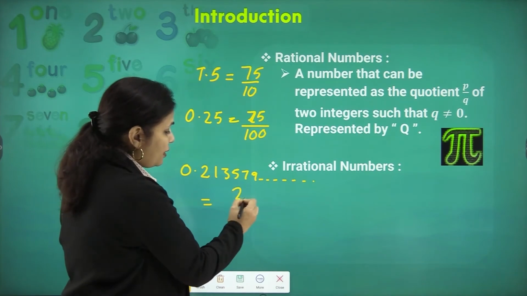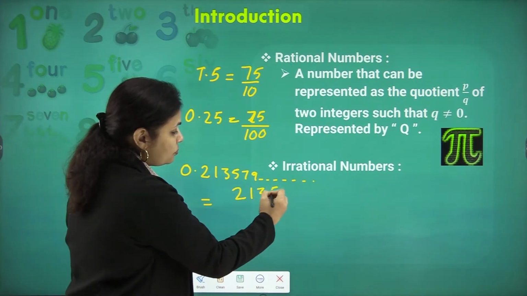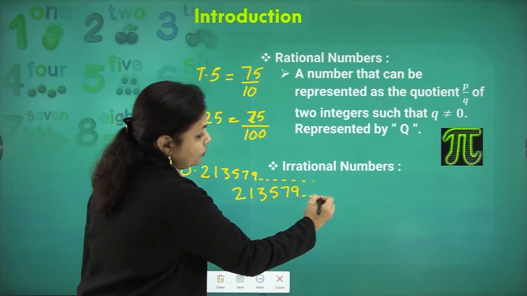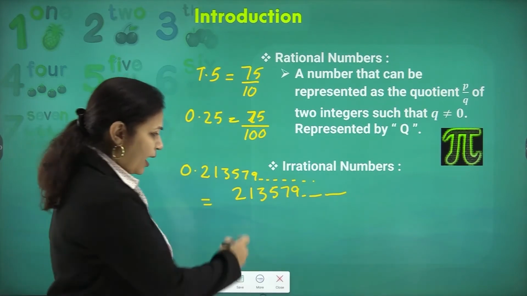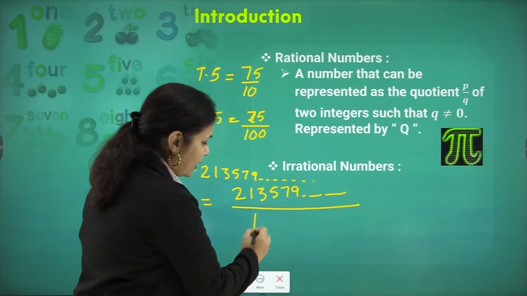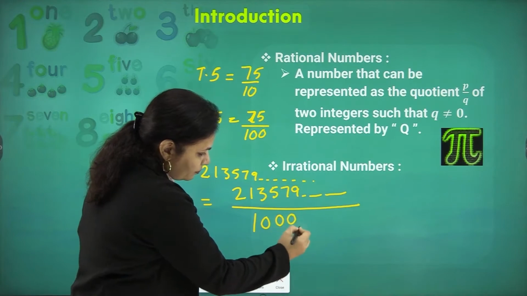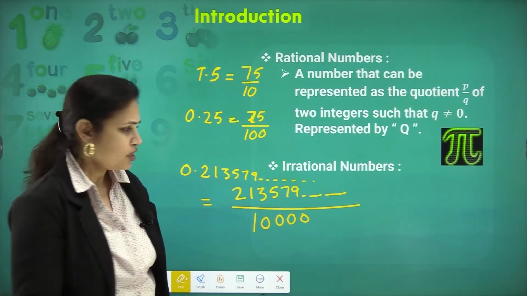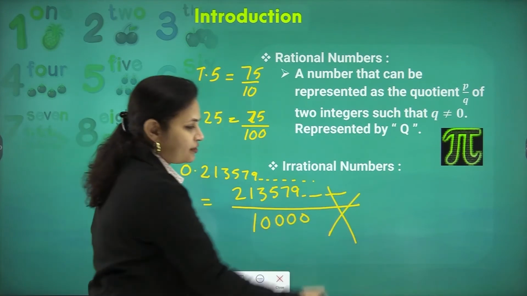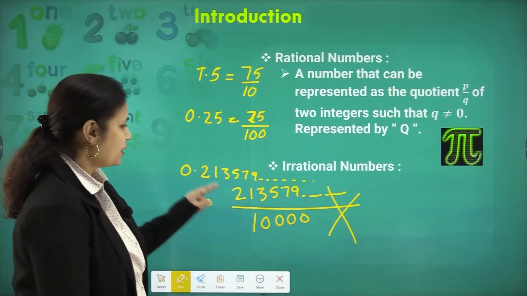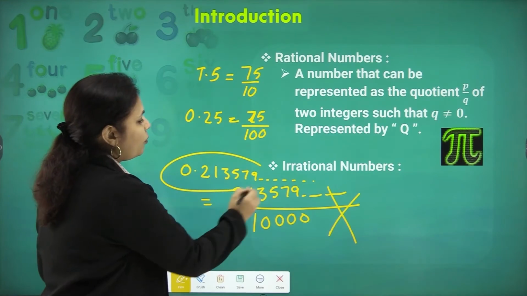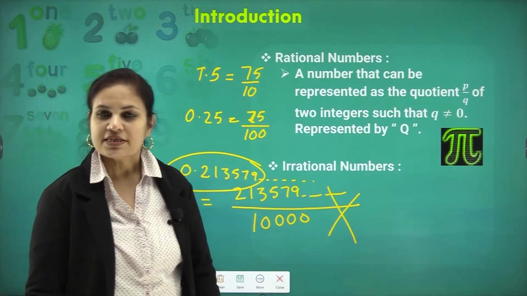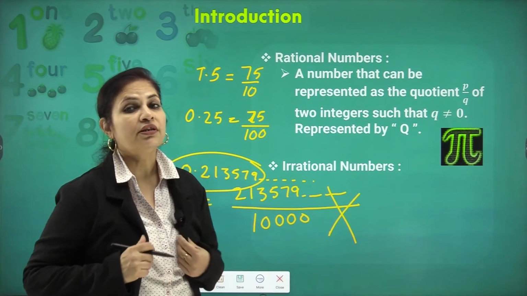So even if I write the numerator 2, 3, 5, 7, 9 dot dot dot, I cannot decide how many zeros I have to place in the denominator. So in this case, it cannot be represented in the form of P upon Q. This defines an irrational number.